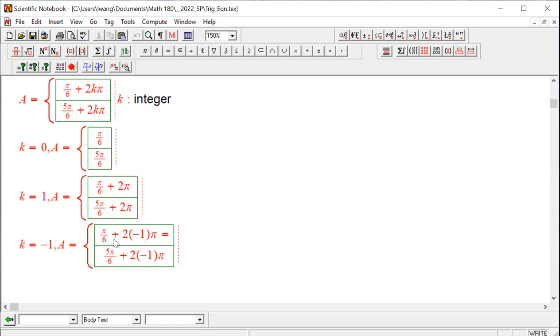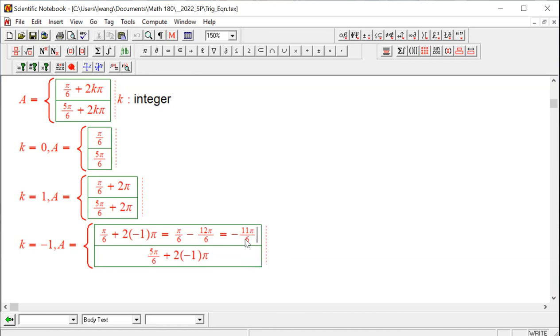That's basically pi over 6 minus 2 pi. Minus 2 pi, right? 2 pi is 12 pi over 6. So that's going to equal negative 11 pi over 6.